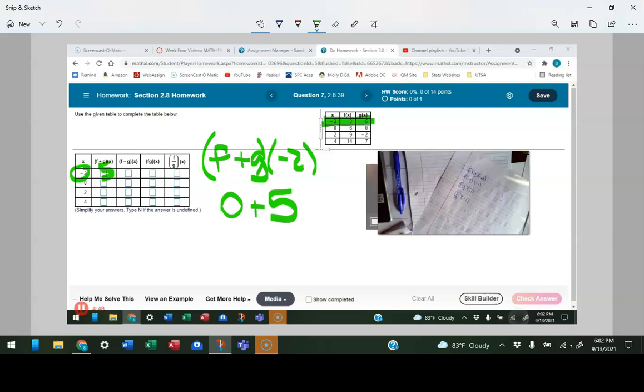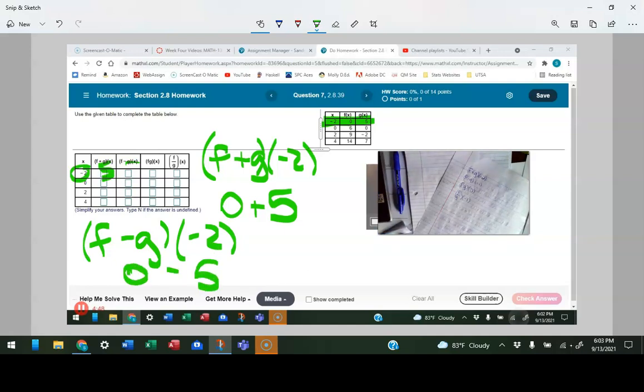And then f minus g at negative 2, same numbers, is going to be 0 and 5. So 0 minus 5, which is negative 5.